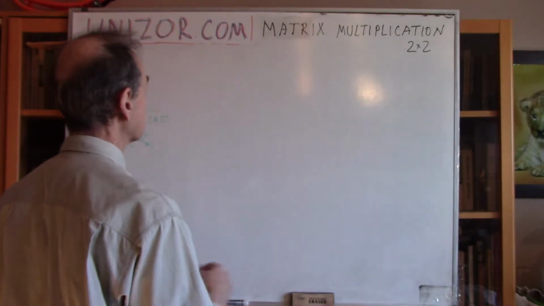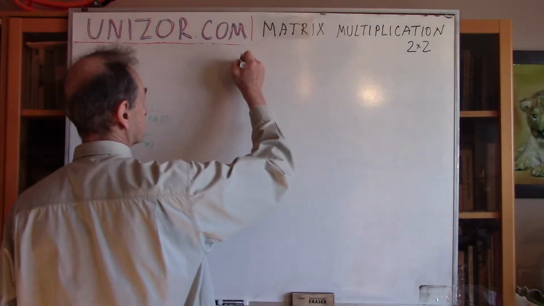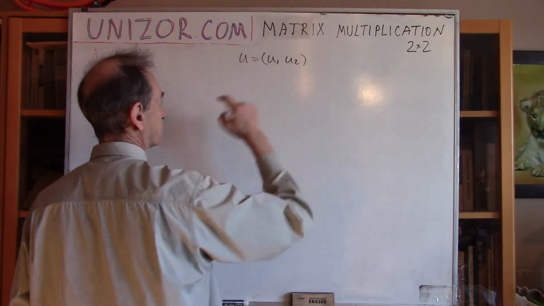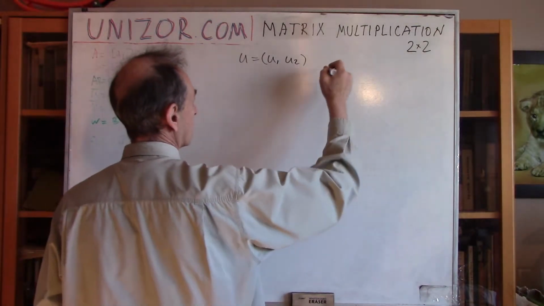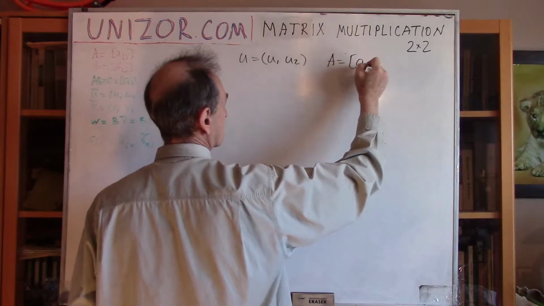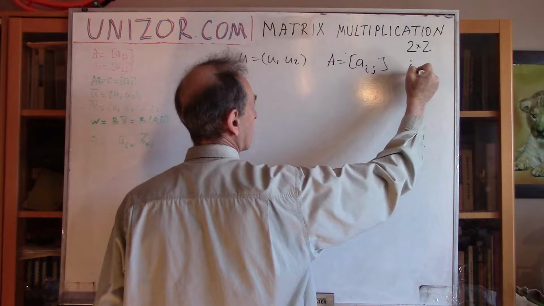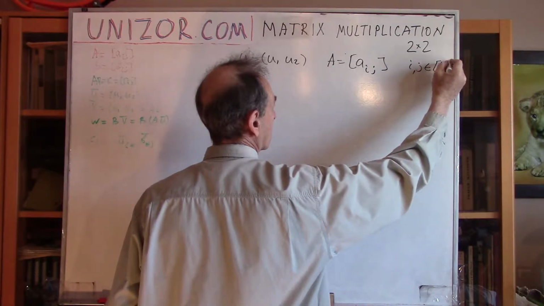Alright, so what we do is we start with a vector u, with coordinates u1, u2, and matrix A first, which has coordinates Aij, where i and j belong to the interval 1, 2.